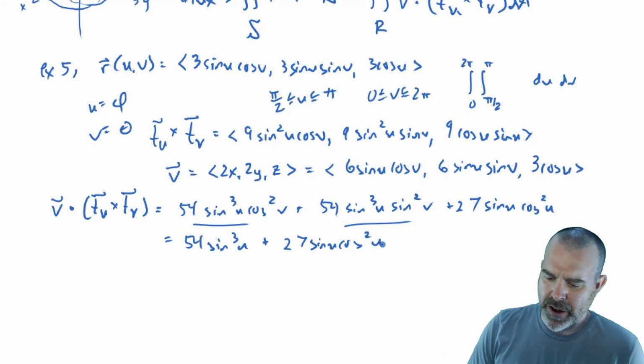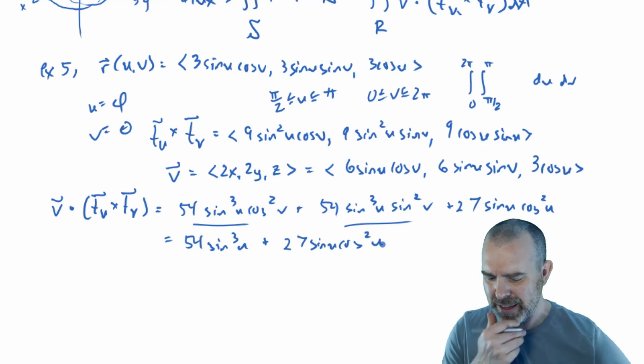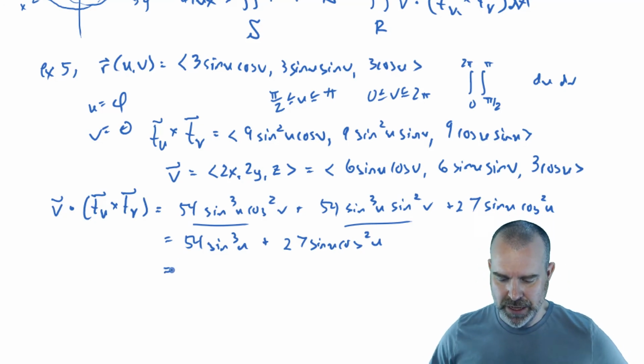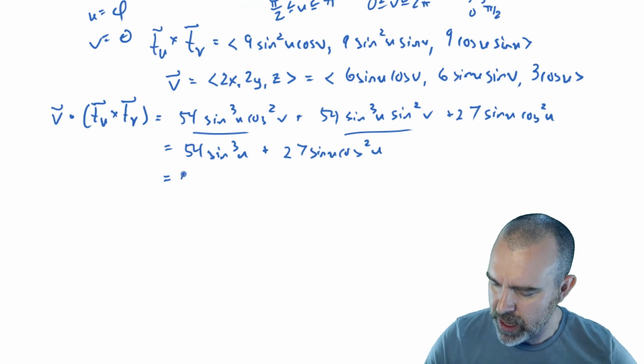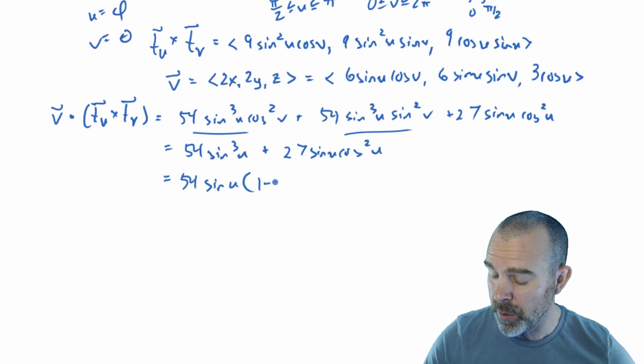I think from here, boy, we could do some simplifying. I do have some trig identities that I used here to help simplify this to get it to something we could integrate. I'm not sure how valuable this is to do. If you do a trig substitution here, the only reason you need to do this is so you can do the integral by hand.